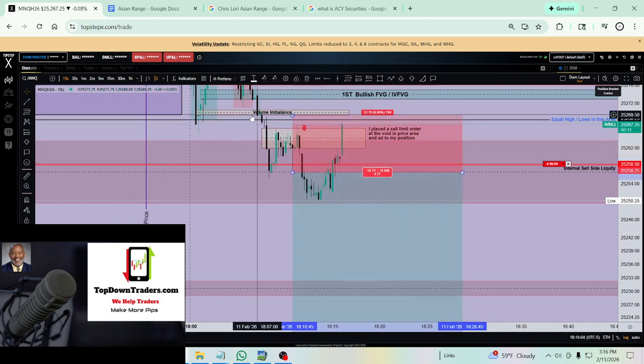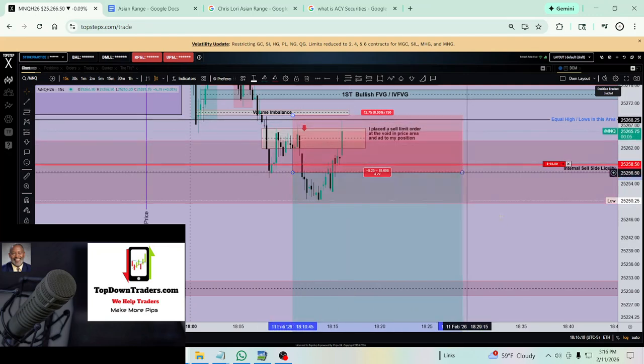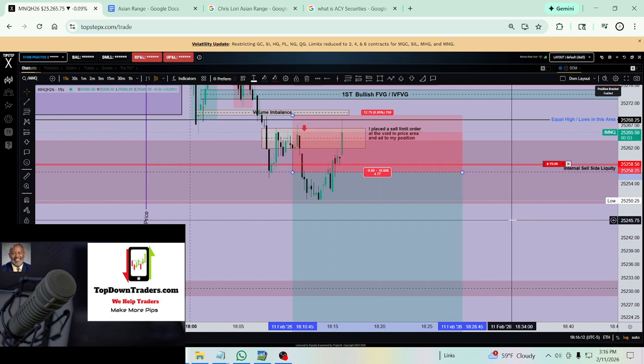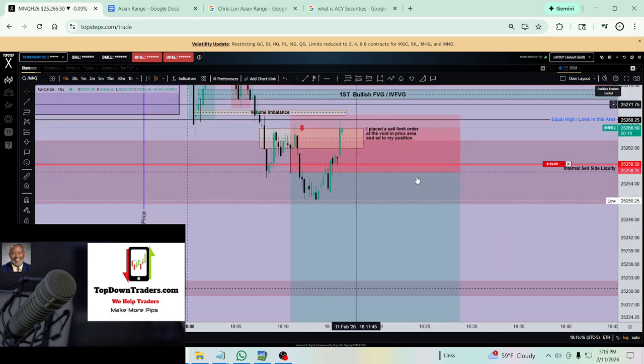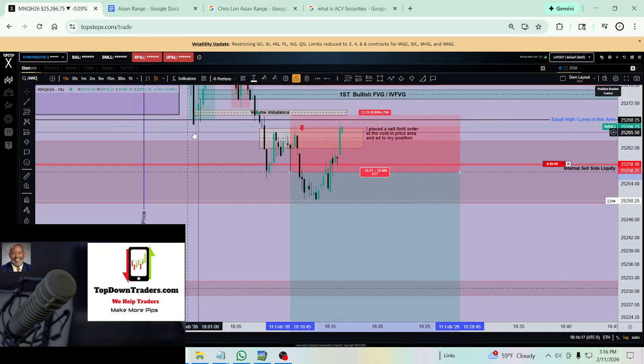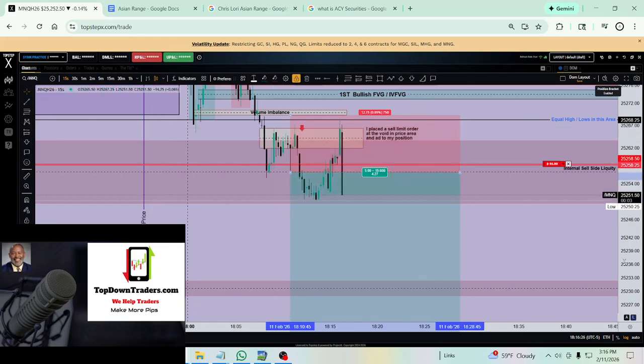Okay, went back up there. Another volume imbalance up there. Maybe it'll pull that, or will it stop me out? It's allowed to wick.